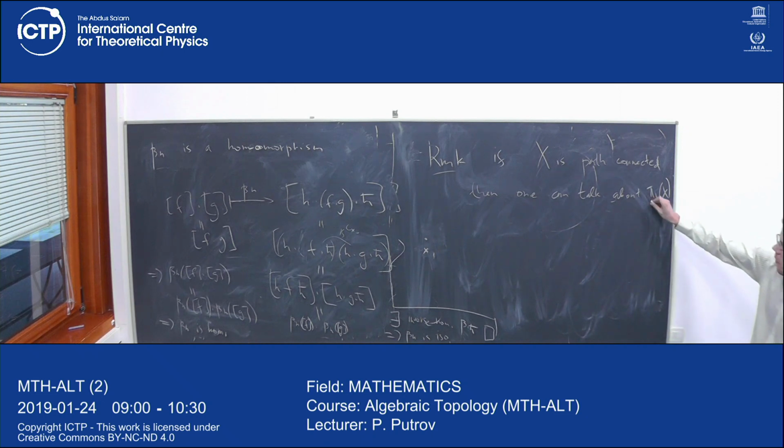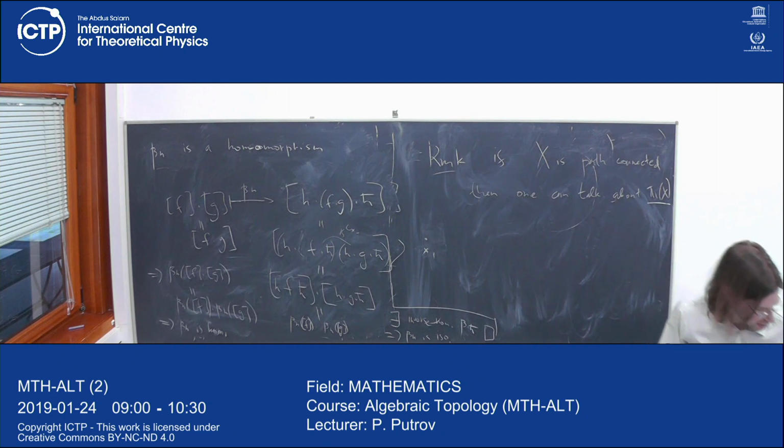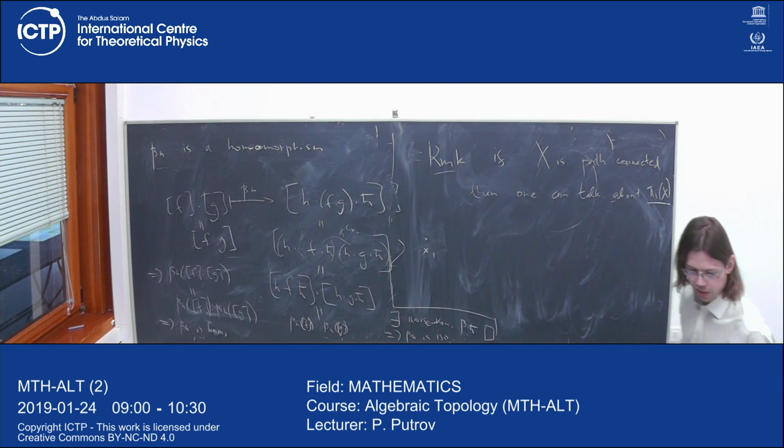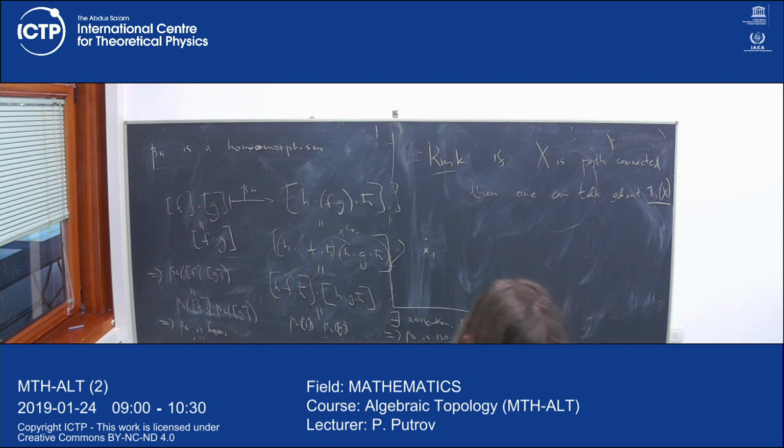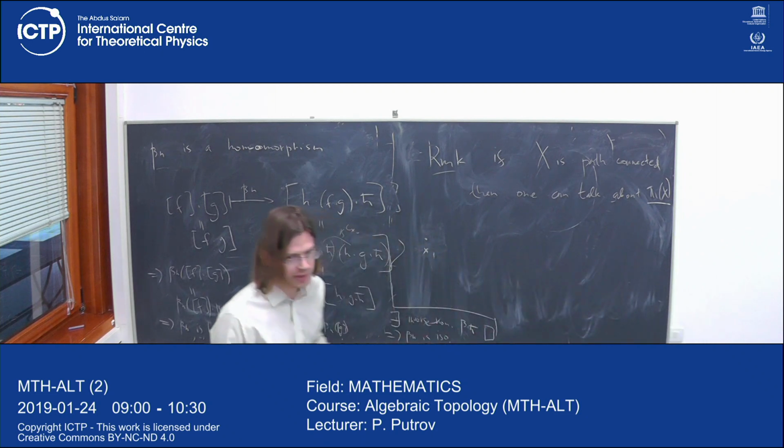Well, if you want to define this kind of thing, which only depends on X but doesn't depend on the choice of point, you can define it as the isomorphism class of all the fundamental groups with fixed base point.